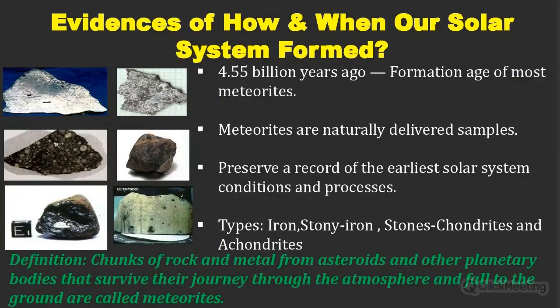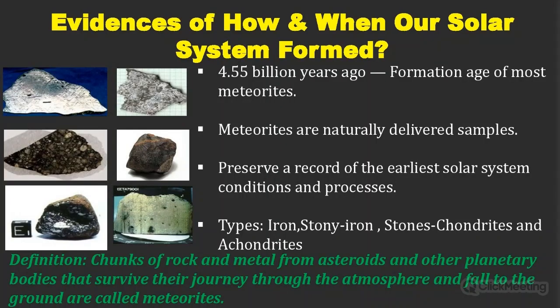These are typically of size scale of centimeters, a few tens of centimeters to hundreds of centimeters. These are naturally derived samples which preserve a record of the earliest solar system, because these bodies formed at the same time as our Earth formed.